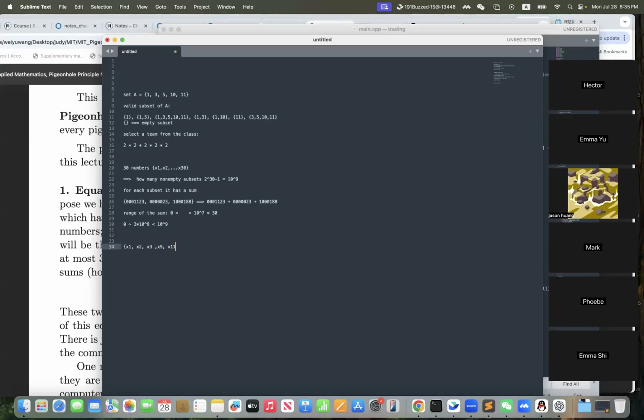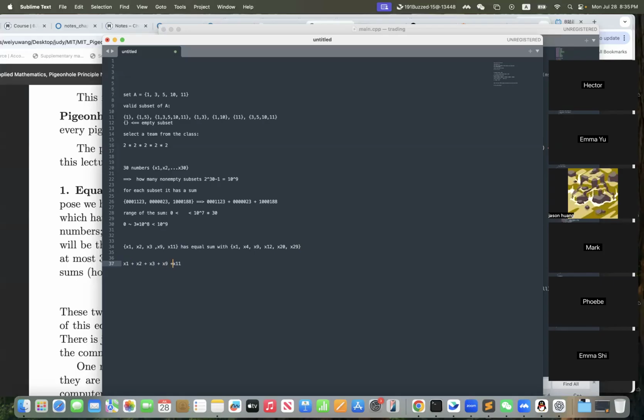And this subset has the equal sum with, say, x1, x4, x9, x12, x20, x29, right? So what does this mean? This is a subset, and this is also a subset. So this means that you sum them together.